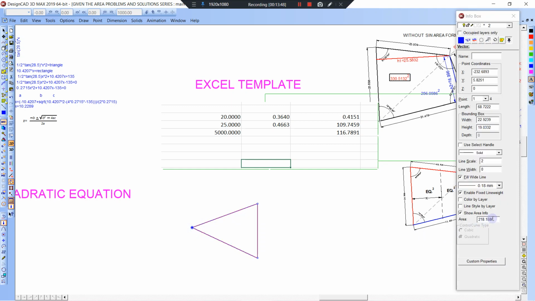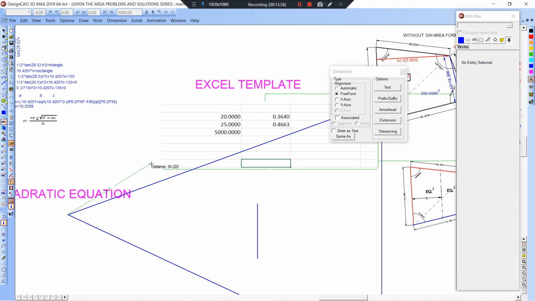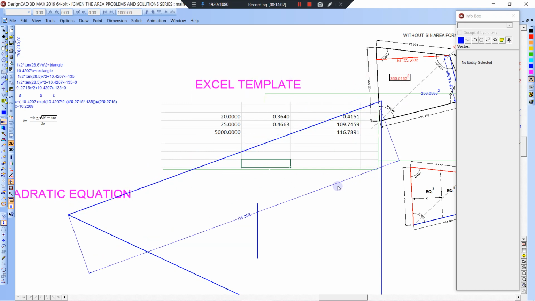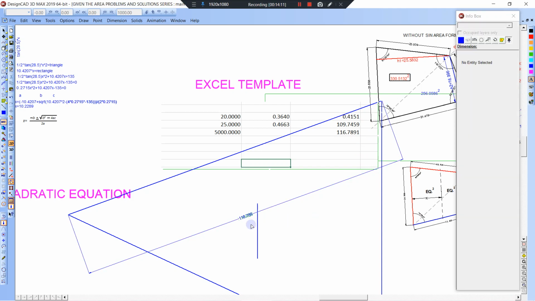And hit 5,000, we said 5,000. Enter. And then we have this dimension right here. We end up with 116, something. Oh, there you go. 116.789. That's exactly what we had there.